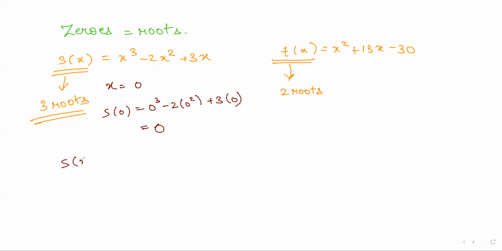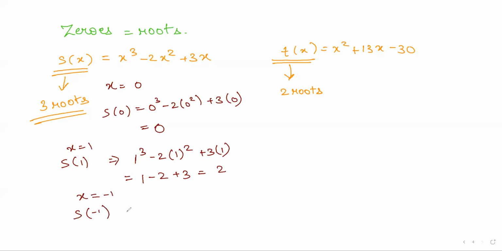What if you place 1? x is equal to 1. What will happen? You will get 1 cubed minus 2 into 1 squared plus 3 into 1, which is equal to 1 minus 2 plus 3, which is equal to 2. What if you place x is equal to minus 1? So s of minus 1 will be equal to minus 1 cubed minus 2 into minus 1 squared plus 3 into minus 1.